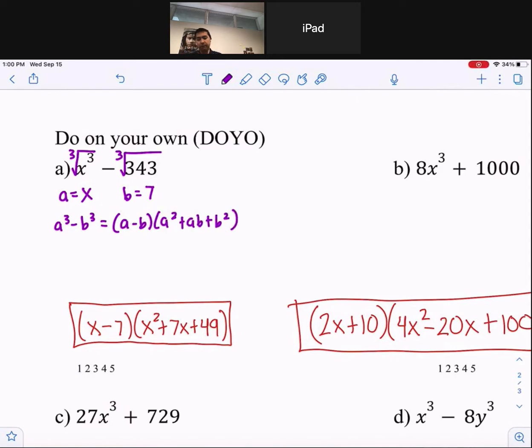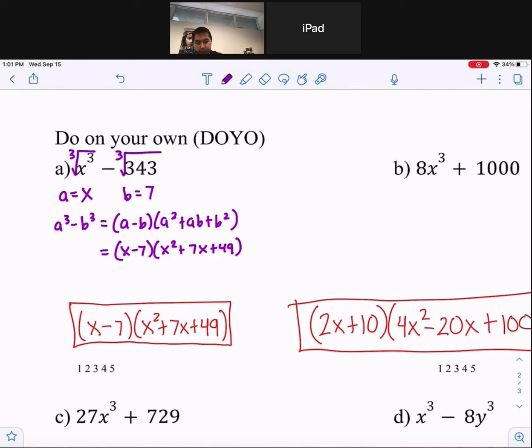Now just plug in. x minus 7, x to the second power is x squared. Our a times our b is 7 times x, which is 7x. And our b squared is 7 to the second power, which is 49.